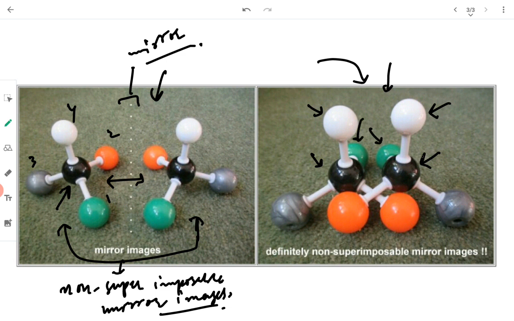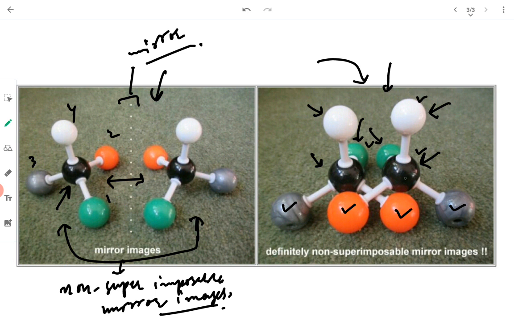But there is a problem. This has to be superimposed with this one, but they are different groups, so we can't superimpose them.